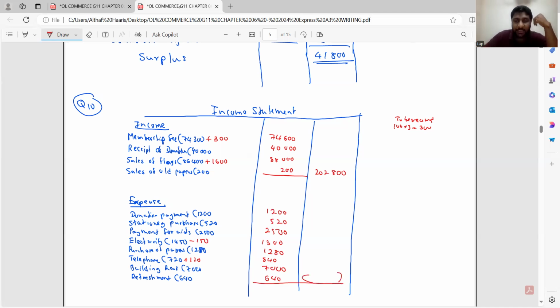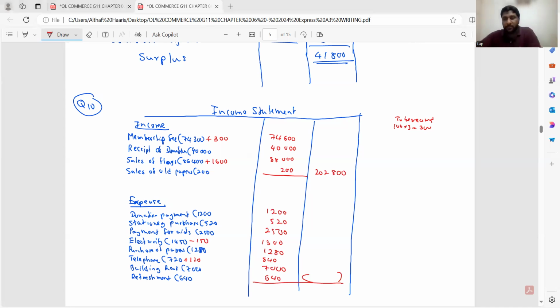Let's take the total expenses, people. How much is the value? 1,200 plus 520 plus 2,500 plus 1,300 plus 1,280 plus 840 plus 7,000 plus 640.